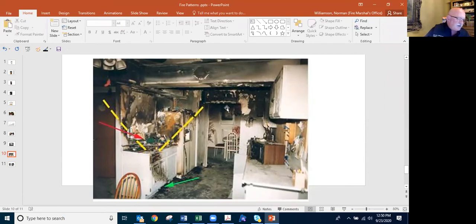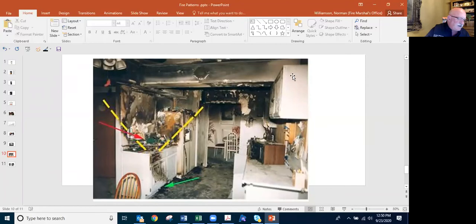It might have been sheetrock, it could have been paneling, anything like that. But as you see, there's no direct flame impingement on that. Your direct flame impingement stops right here, and then your thermal layering starts over here. So your fire came up and across this way.